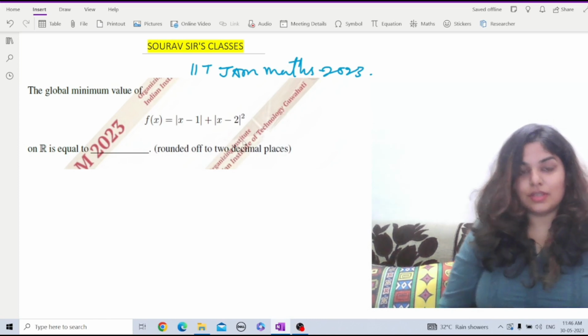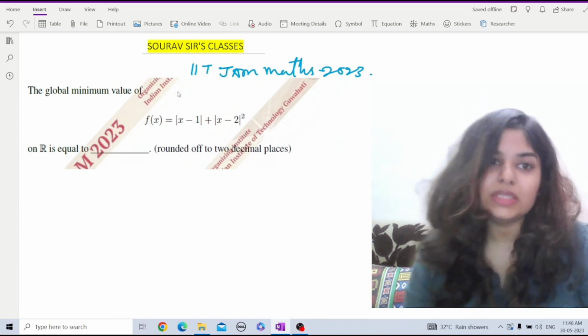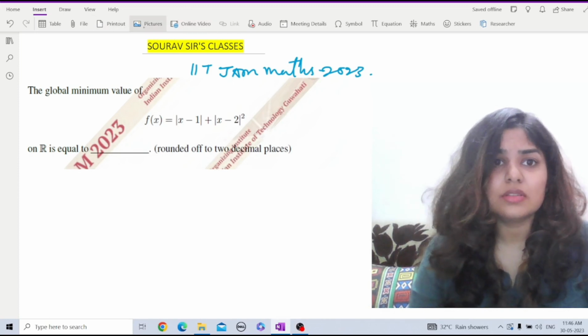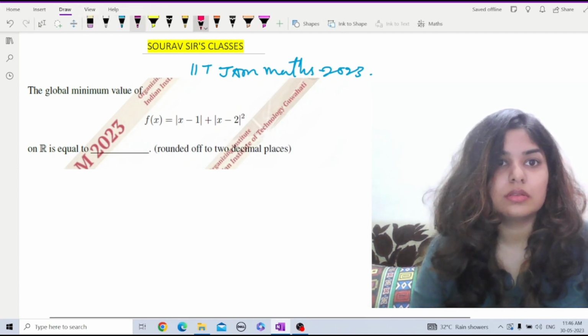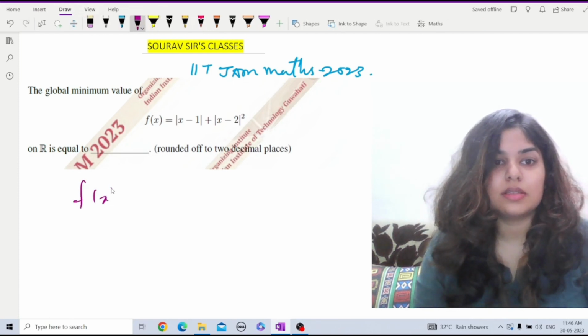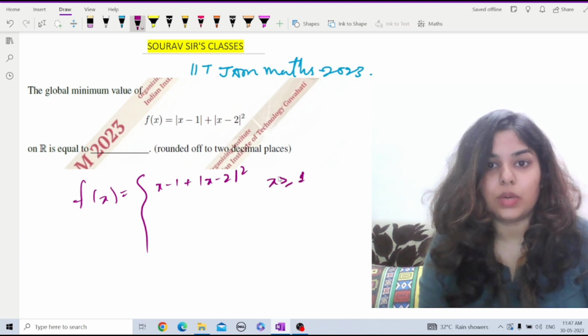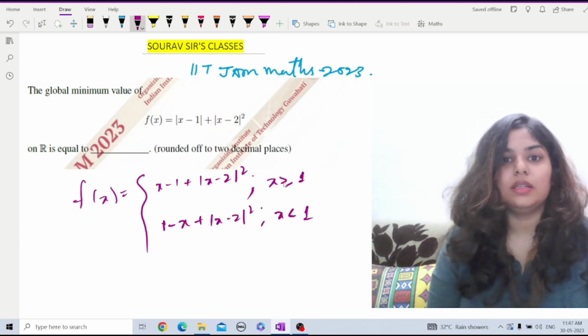So the next question here is, we have to find the global minimum for the following function given. So let us first write down the function. Let us say f(x) is equals to, this will be |x minus 1| plus (x minus 2) whole square if the value of x is greater than or equal to 1, and |1 minus x| plus (x minus 2) whole square if the value is x less than 1, right?